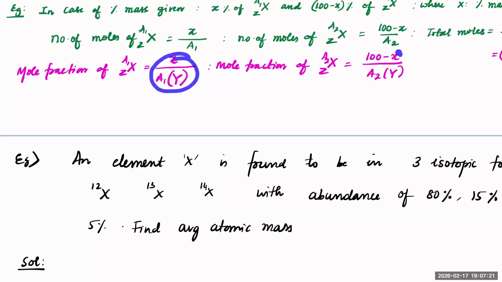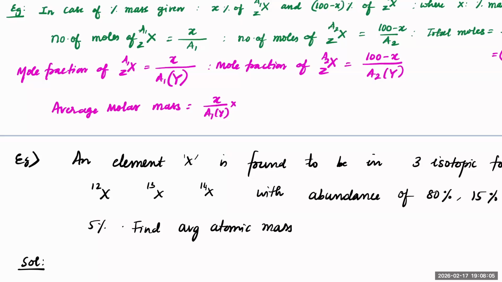Now mole fraction multiplied by the molar mass will give you the contribution to the weight, isn't it? So therefore, the average molar mass will be equal to the mole fraction of one particular case, which is x by A1 into Y, correct, multiplied by the weight of that substance.